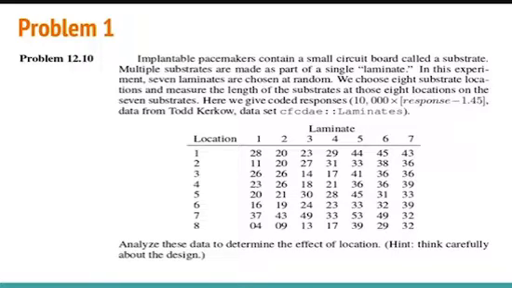If you look at, say, location 1, laminate 1, we got 28, right? That is 1 observation, and you have 1 observation in each cell. The idea of interaction is out. So what you basically want to talk about here is just two-way ANOVA without interaction.